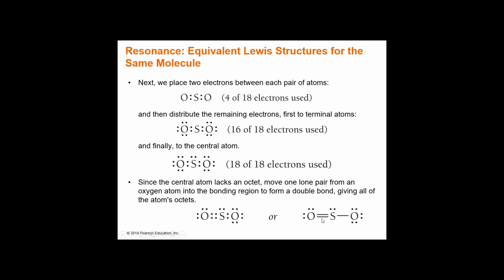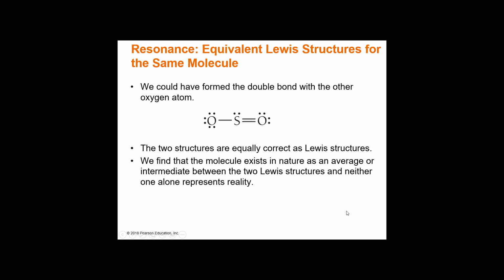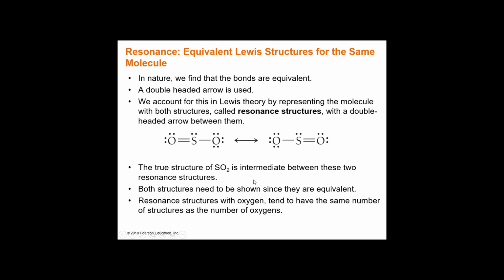In this case, it's showing a double bond on this side. We need to draw a double bond on the other side and put them together. So the two structures are equally correct. We find that the molecule exists in nature as an average or intermediate of the two. That's why we can't draw one alone, because it's not correct. So here it is, and we would draw them both. You see there's a double bond here, but on the other side it moves here.